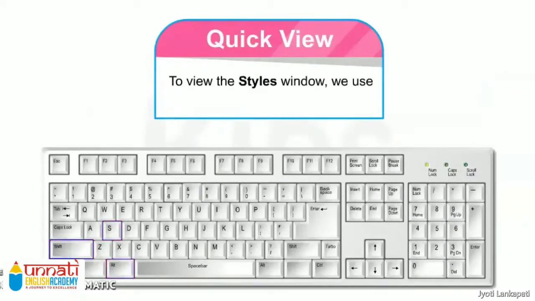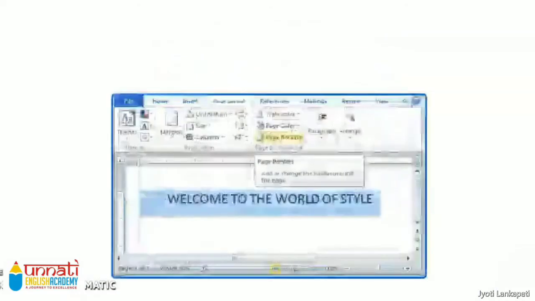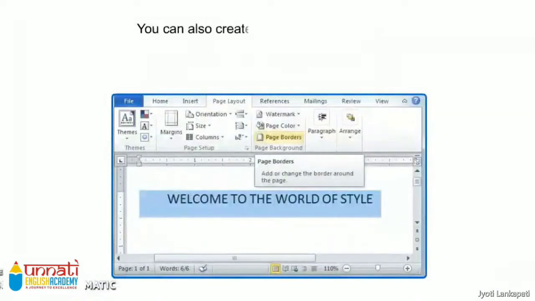Now let's see, to view the styles window, we use the Ctrl plus Alt plus Shift plus S key combination. So remember, Alt plus Ctrl plus Shift plus S. You can also create and edit your own styles, that I have already told.